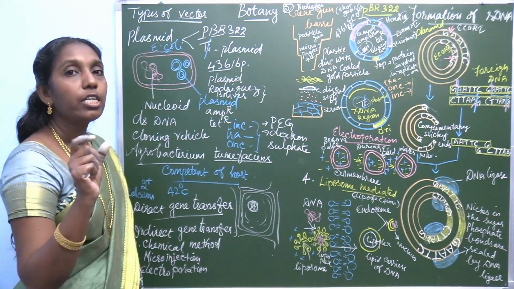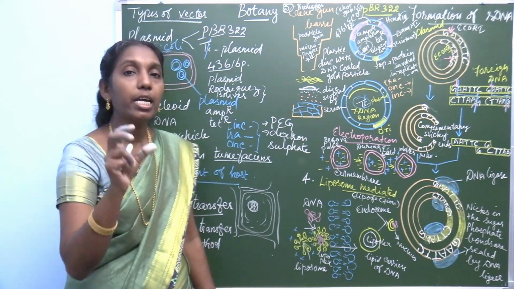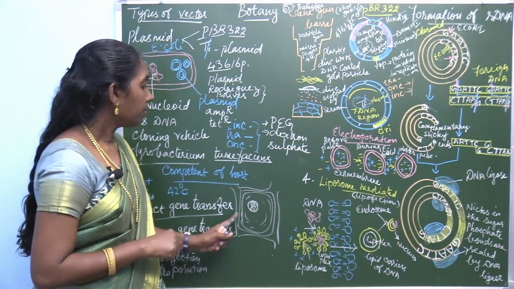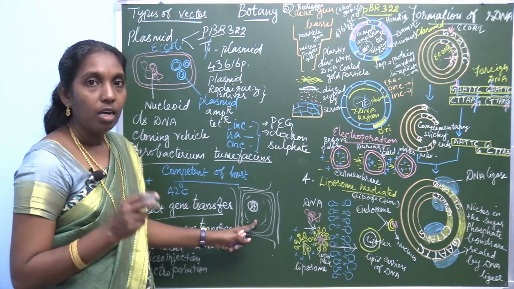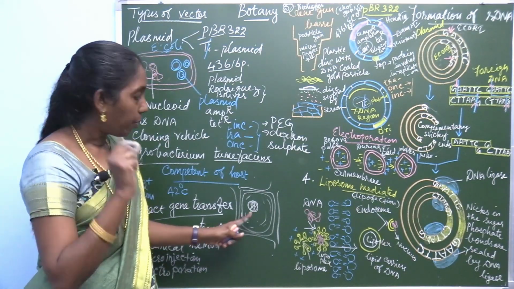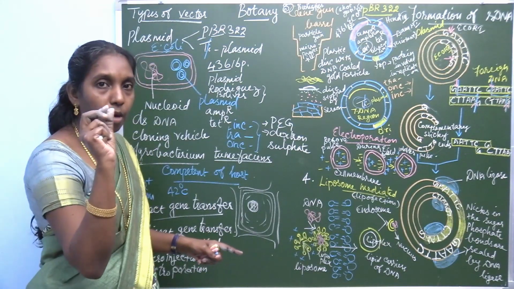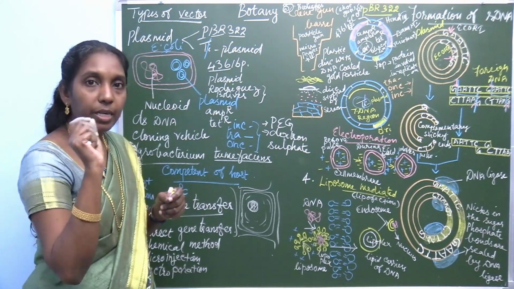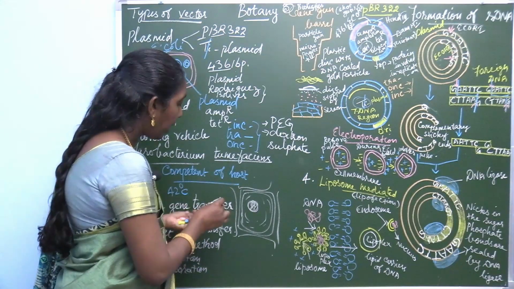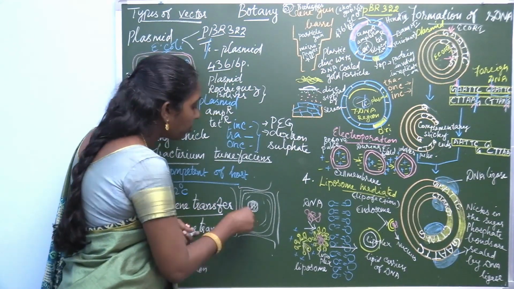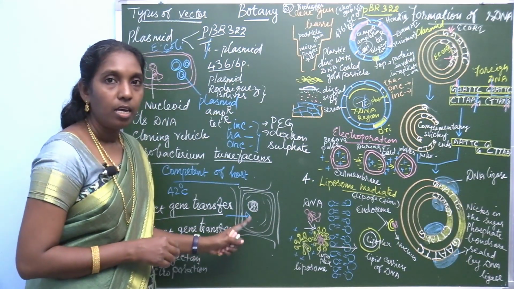Second method, microinjection. Here this is the target cell, a plant cell. The very small, minute particles of DNA, the isolated gene or the desirable gene, can be introduced into the protoplast of this cell.